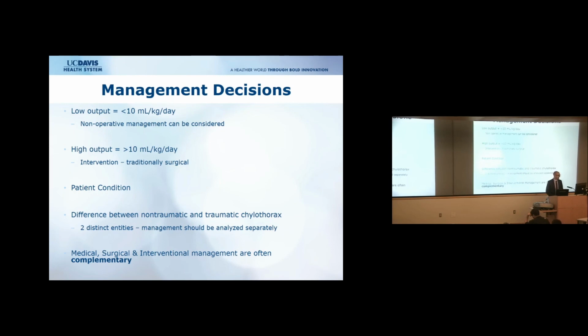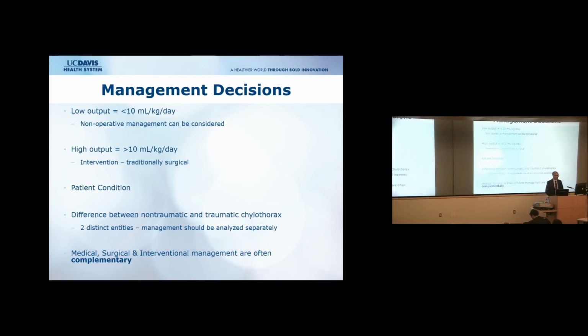The most compelling numbers that I found during this presentation was that anything less than 10 milliliters per kilogram per day, so taking the patient's weight into consideration, may, and we'll get into this more, be amenable to non-operative management. And then high output was anything greater than 10 milliliters per kilogram per day.